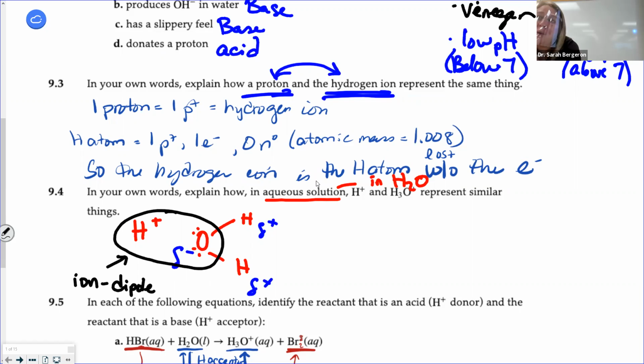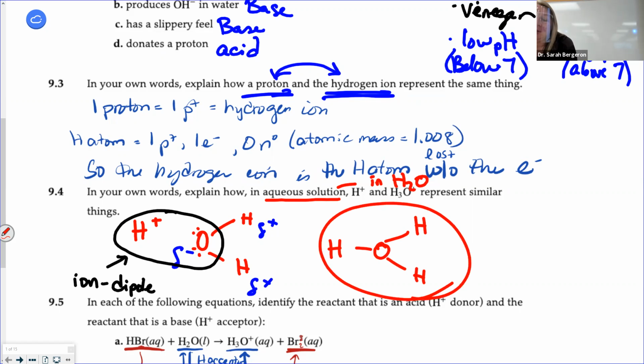That ion-dipole interaction is really, really strong. And what actually ends up happening is that you create a covalent bond with the other hydrogen. Isn't that crazy? So you have an extra hydrogen. That extra hydrogen gives this H3O molecule a positive charge.